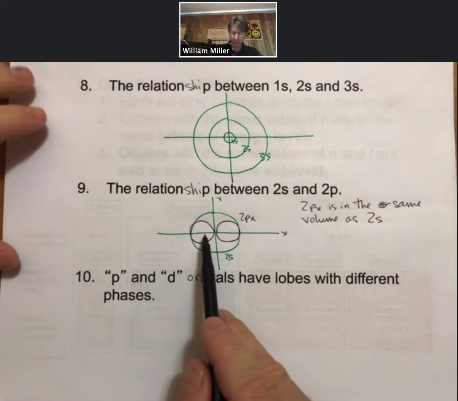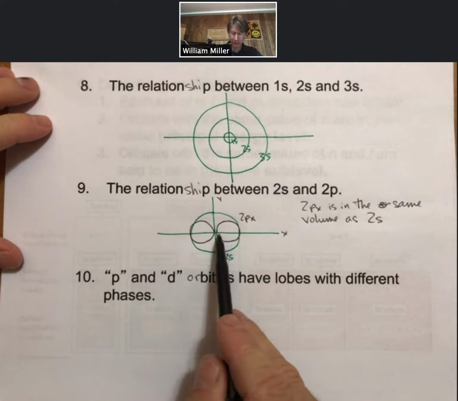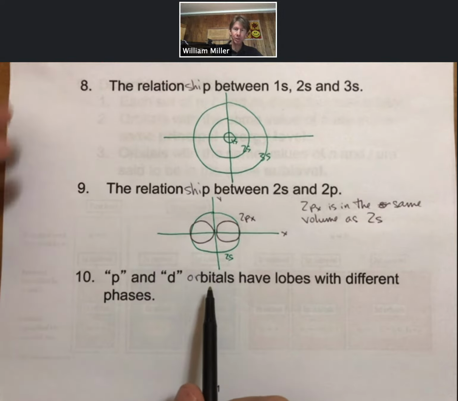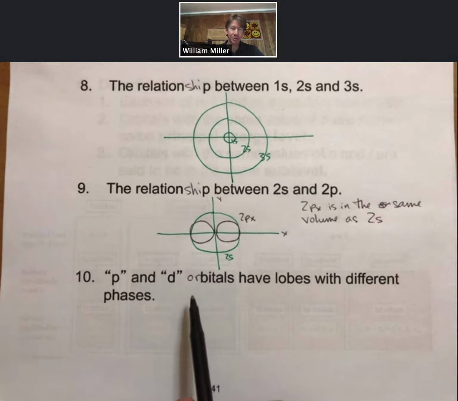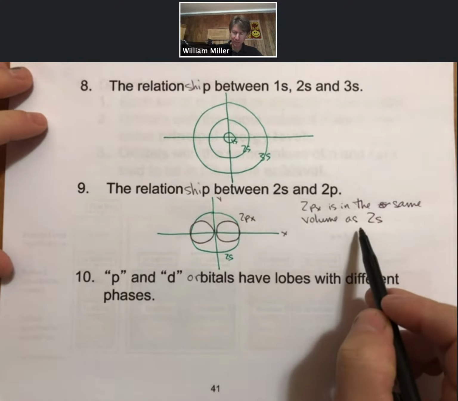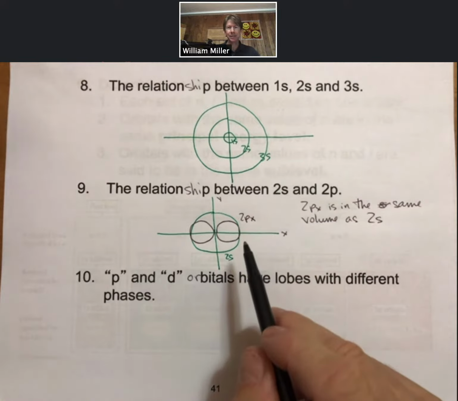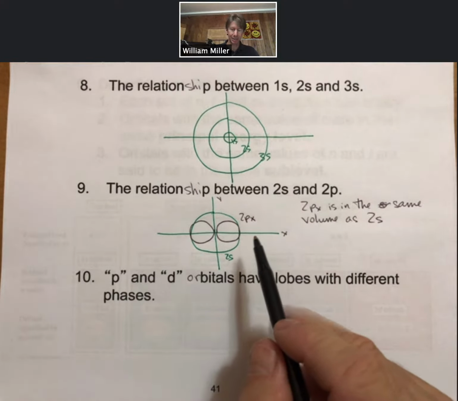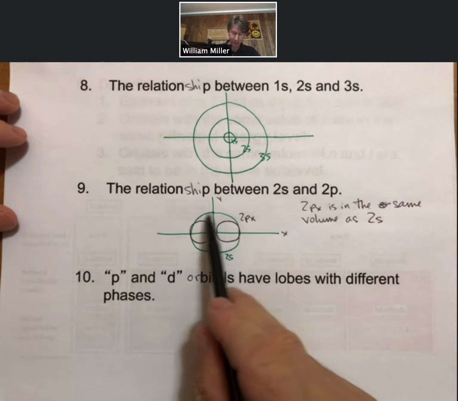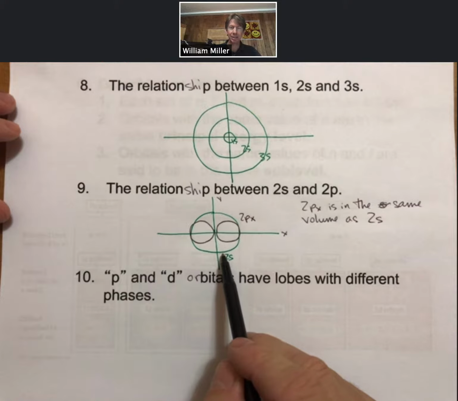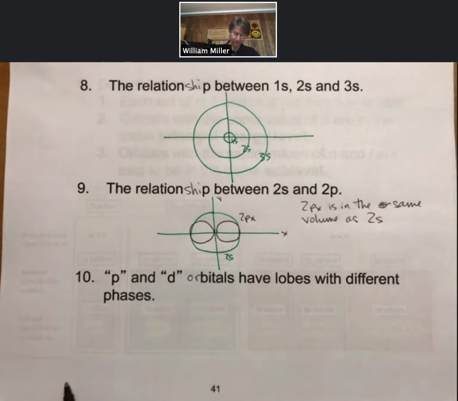And so by stuffing more electrons into this n equals 2 volume, you're keeping them as close as possible to the nucleus. So they're in the same volume, and so 2px is another way to put electrons into this n equals 2 principal energy level.